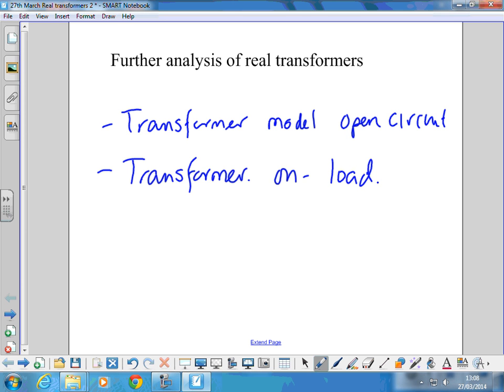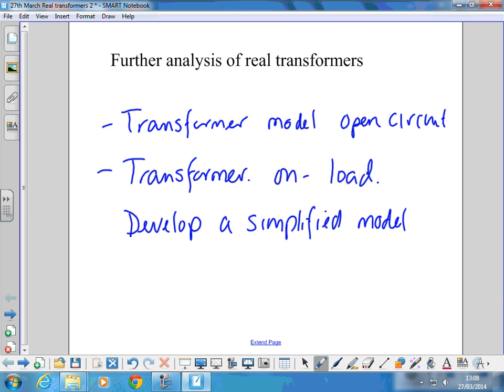We're going to have a look at the model on load and essentially, overall, develop a simplified model that can be used on transformers that are loaded as low as 10% of their rated load, and you can still use this simplified model.